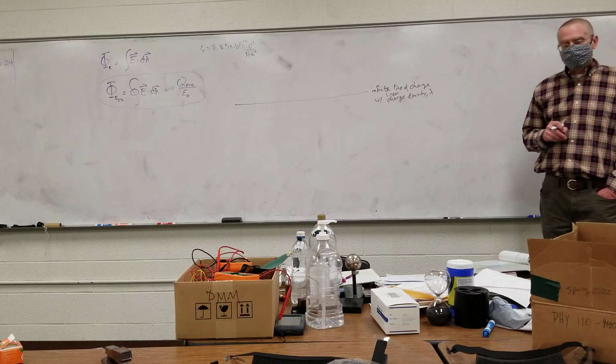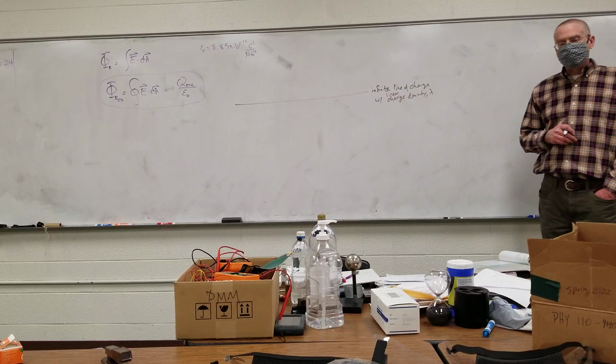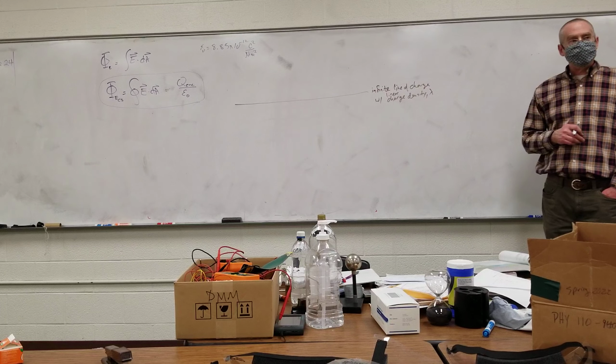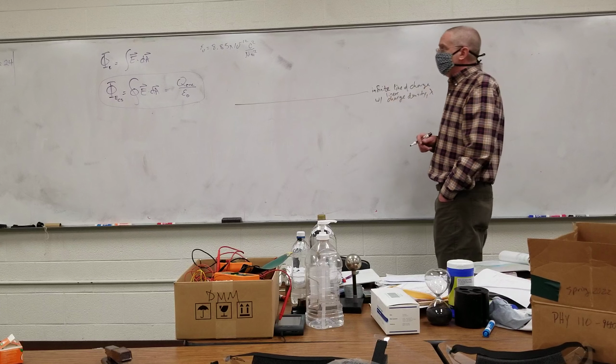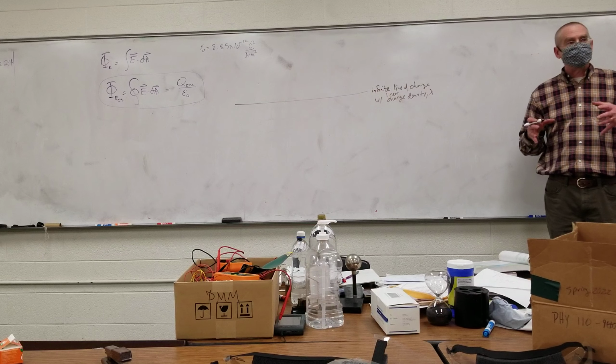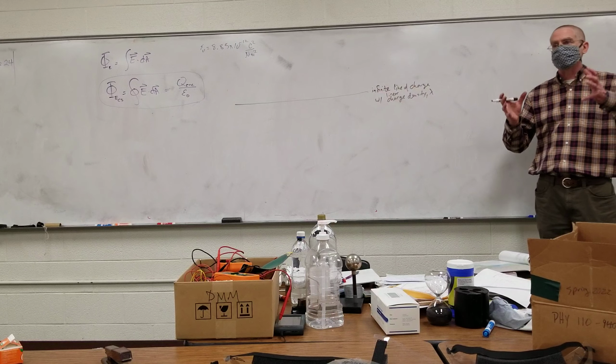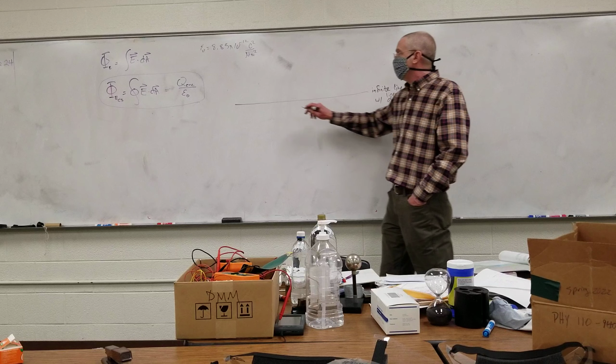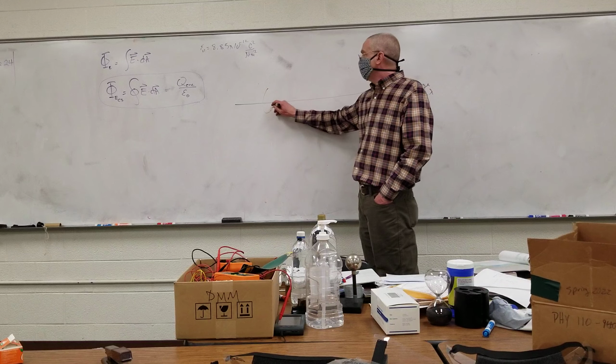We have cylindrical symmetry here, and so we're going to create a Gaussian cylinder. And again, a Gaussian surface in general is one that doesn't really exist, it's a virtual object that we will pretend is there.